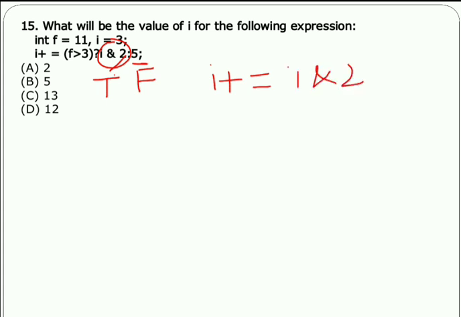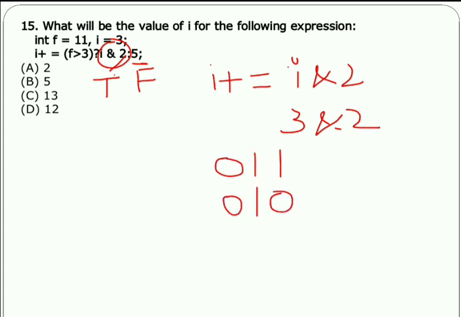So what is the i value here? i value is 3. So 3 & 2. If you perform the AND operation of 3 and 2, that is 0 1 1 and 0 1 0, then the answer is 2 only. 3 & 2 is 2. Okay.